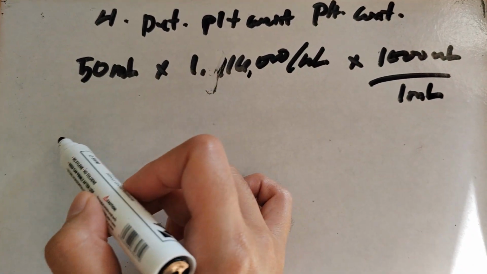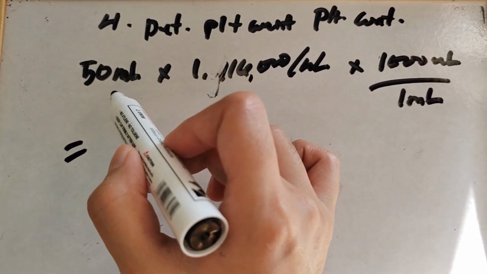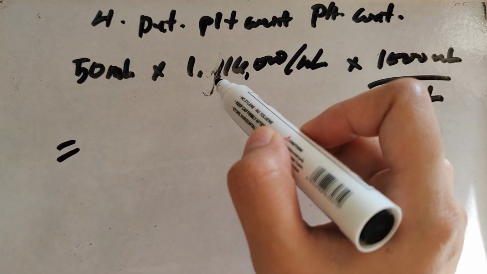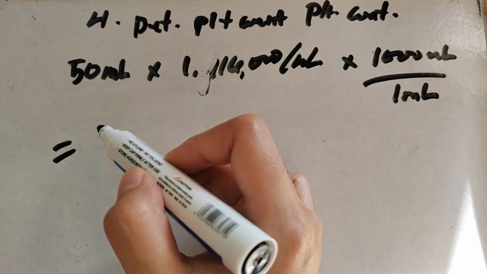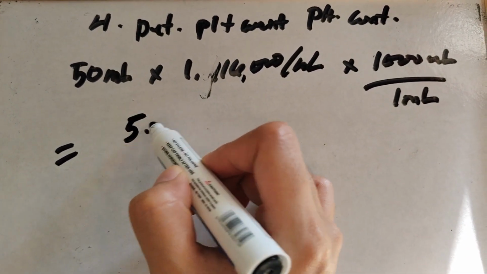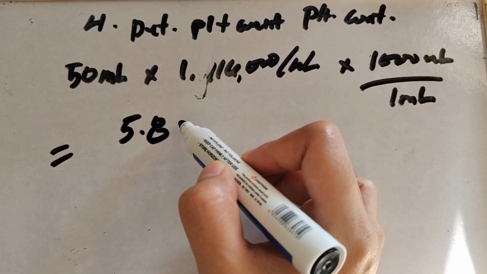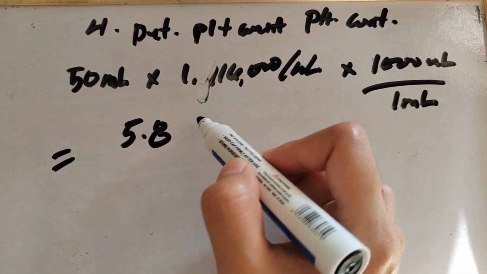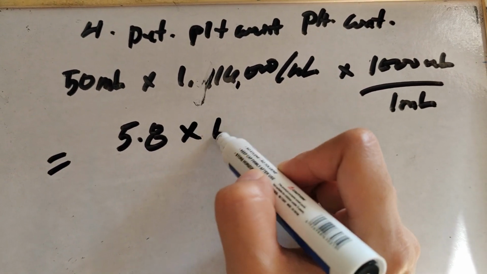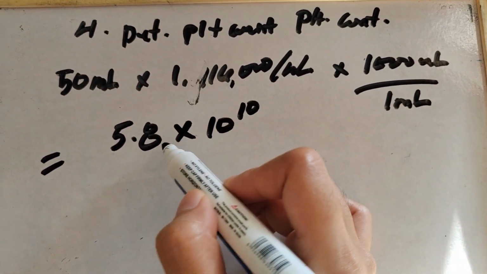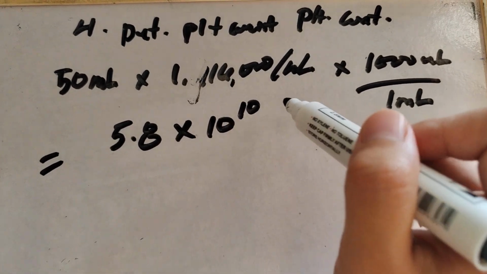Okay? So, compute 50 times 1,116,000 times 1,000. That will roughly give you 5.8 times 10 raised to 10. Okay. So, 5.8 times 10 raised to 10.